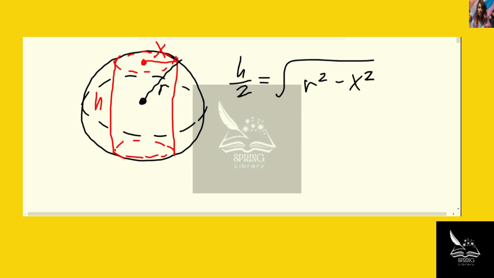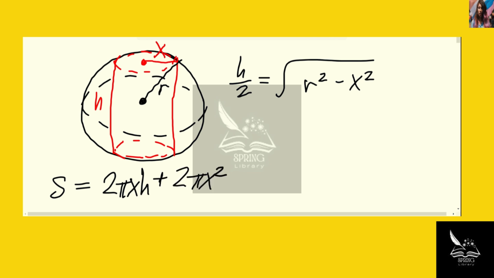Now the surface area of a cylinder, I'll call it S. This is going to be the area of the side, which is 2 pi x times h, plus the area of the circles on the ends, which are 2 pi x squared.